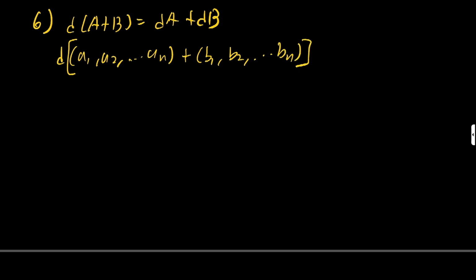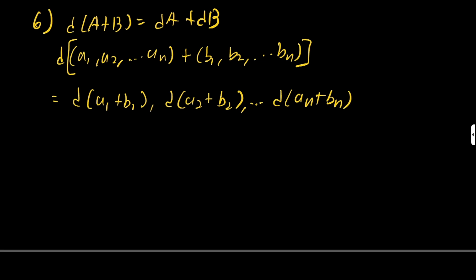Okay? So this is just equal to d times (A1 plus B1, A2 plus B2, ..., AN plus BN). We're allowed to do this now and combine the inner 2 points and just multiply the d, the scalar, into each of the points.